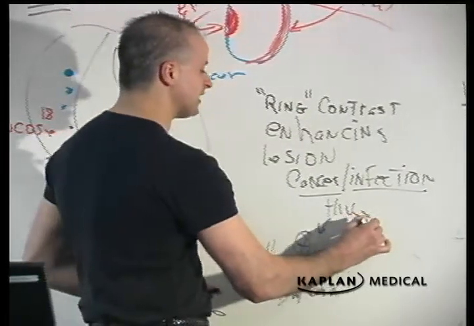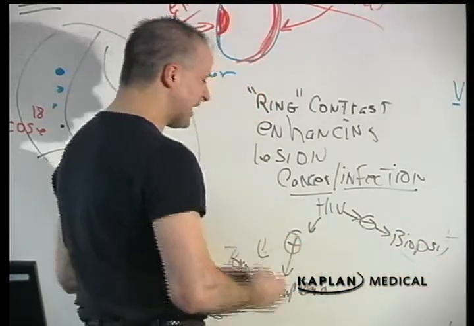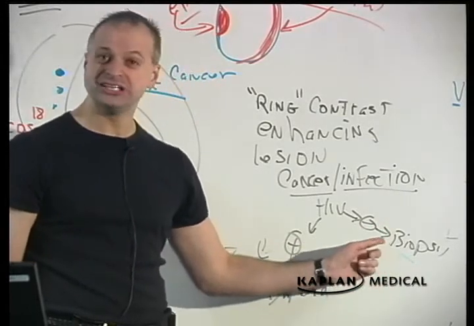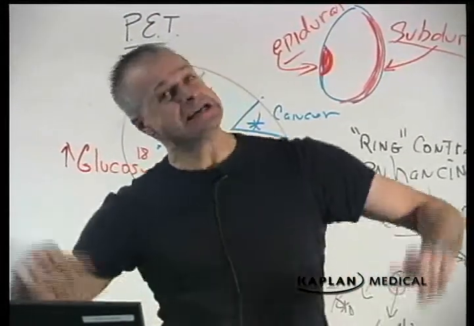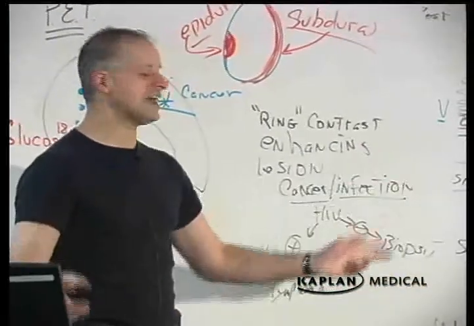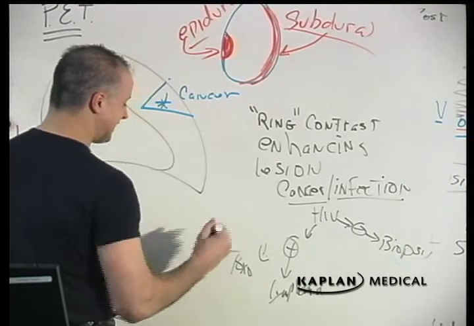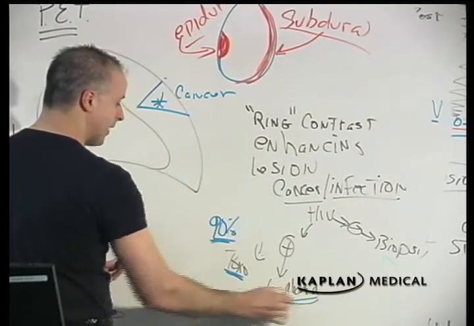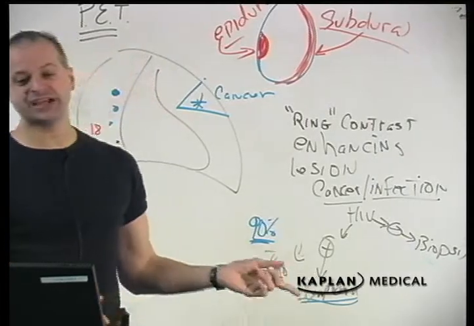In HIV-negative people, you've got to biopsy because you can't determine if this is a cancer or an infection just from the radiologic imagery. The radiologic test is never the most accurate test, and you can't tell if it's a glioblastoma or Staph aureus. HIV-negative, biopsy. HIV positive, 90% of the time it's going to be either toxo or lymphoma, so we can treat empirically and see if it gets better.